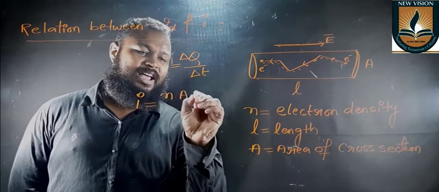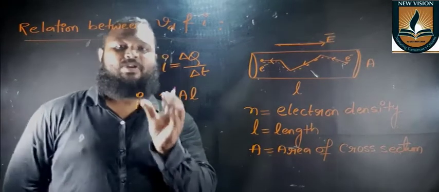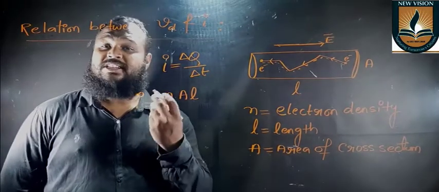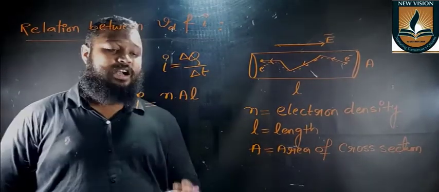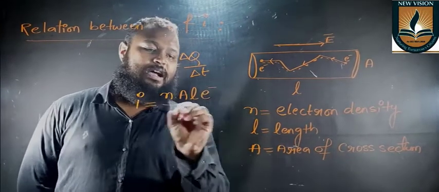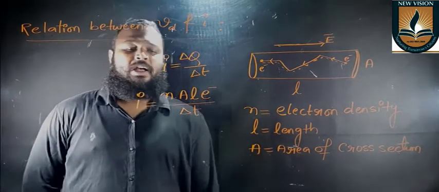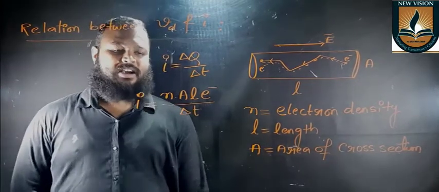Area into length. So nAL gives you the total number of electrons. And the total charge is the number of electrons into the charge of the electron, upon time delta t. So this is the electric current in a conductor.